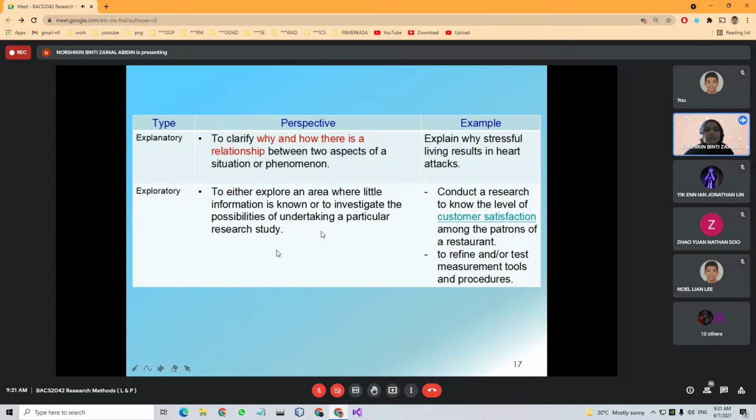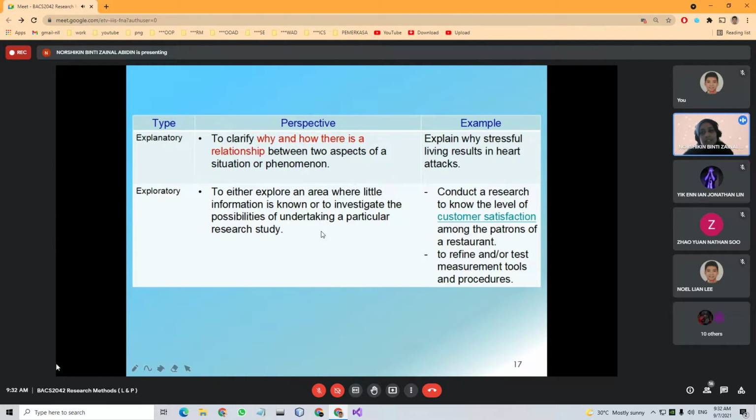So there is already research on COVID-19, but I want to explore and focus on one particular issue. That can be considered exploratory research.